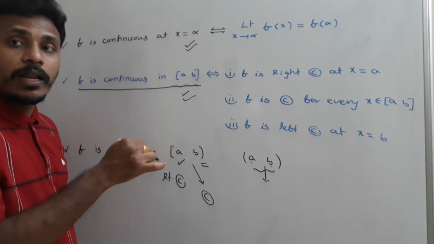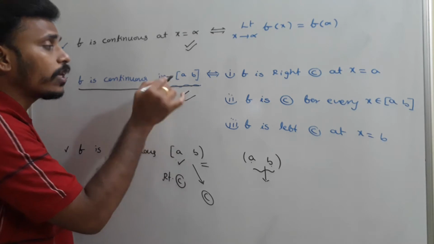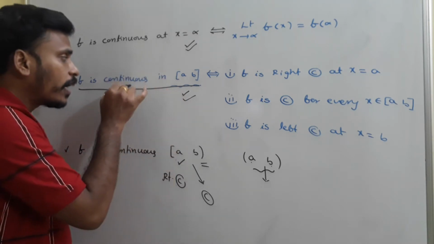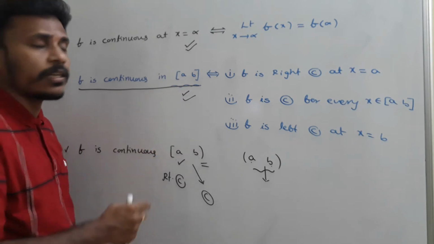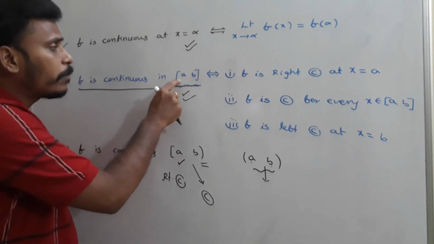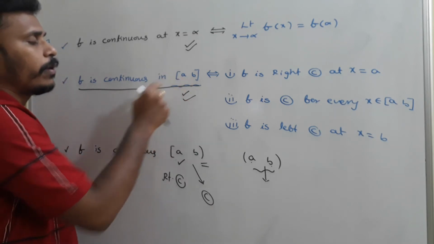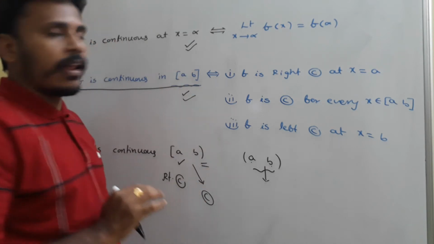Continuity in the interval describes the continuity of the function at every point in the interval and at the boundaries of the interval, like a and b. At a it should be right continuous and at b it is left continuous.